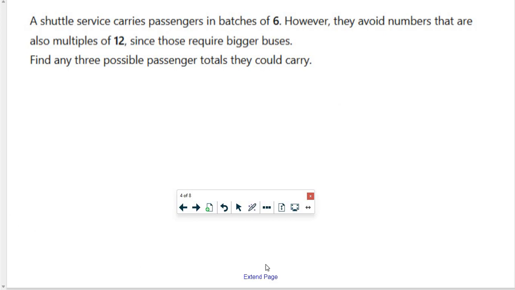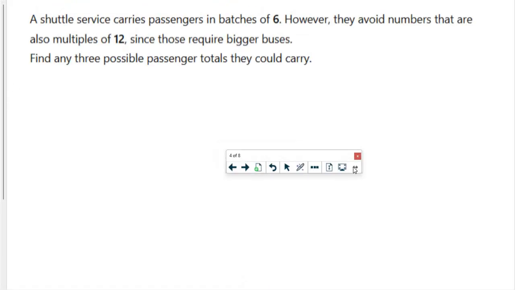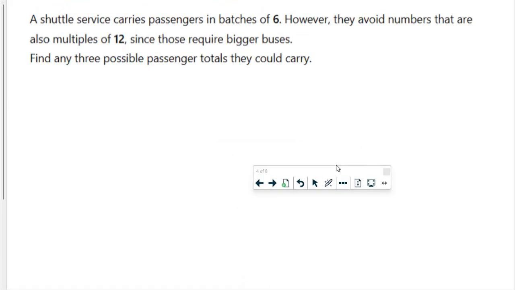Next question. A shuttle service carries passengers in batches of 6. I repeat, a shuttle service carries passengers in batches of 6.